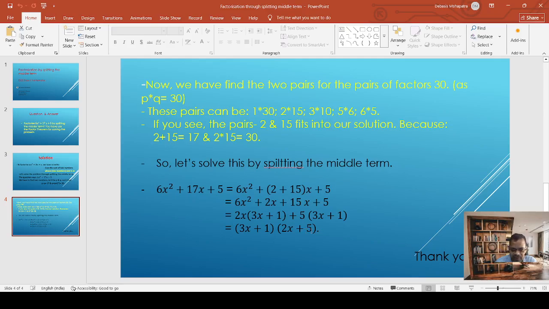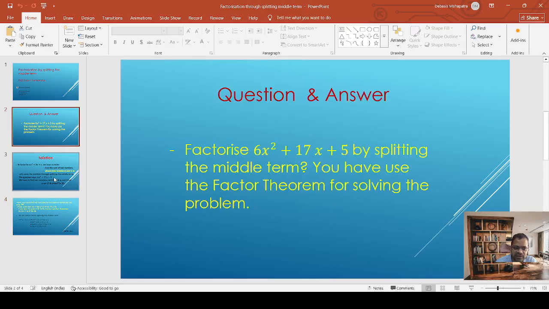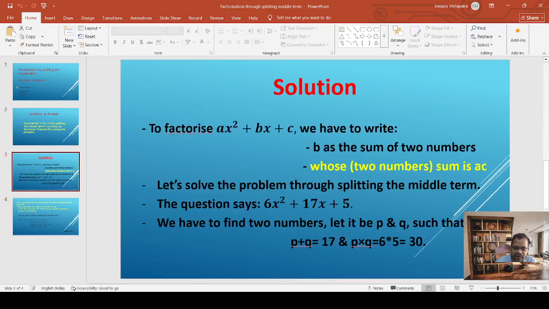So 6x square plus 17x plus 5 can be factorized into two factors, which is 3x plus 1 multiplied into 2x plus 5, and we have done this through the splitting of the middle term, because here the 17x, which is the middle term, has been split into 2x plus 15x, and we satisfy both the assumptions in the equation: the middle term should be the sum of two numbers, and when we multiply those two numbers, it should come as a times c, the first term and the second term.